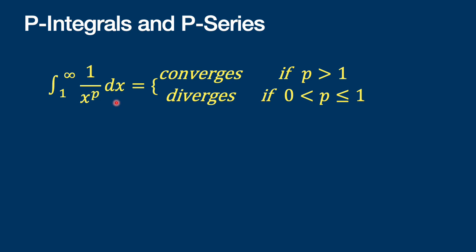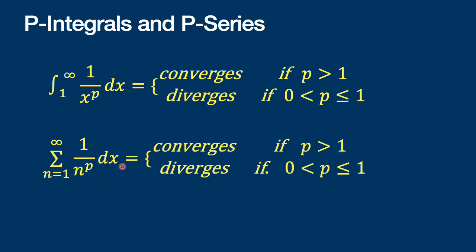Whether this improper integral converges or diverges depends on the p value. If p is greater than 1, it converges. If p is between 0 and 1, or p equals 1, it diverges. This is related to the P series right there, guys. The P series behaves the same way as the improper integral. If p is greater than 1, the P series converges. If p is between 0 and 1, or p equals 1, it diverges. Guys, remember this for the P series: p greater than 1 converges, p between 0 and 1 or p equal 1 diverges.